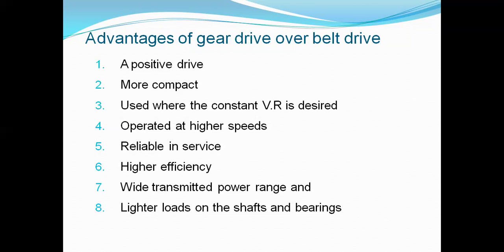It can be operated at higher speeds compared to belt drives, it is more reliable in service, it has very high efficiency, the transmitted power range is very high, and loads on the shafts and bearings are less compared to belt drives because we are not using any other device. The wheel itself has teeth.